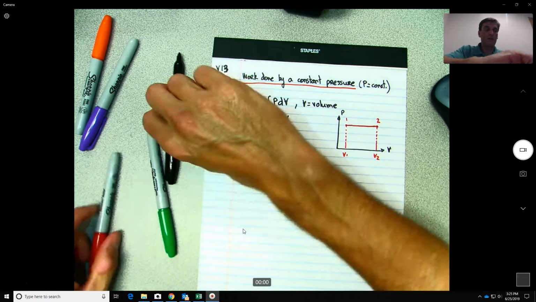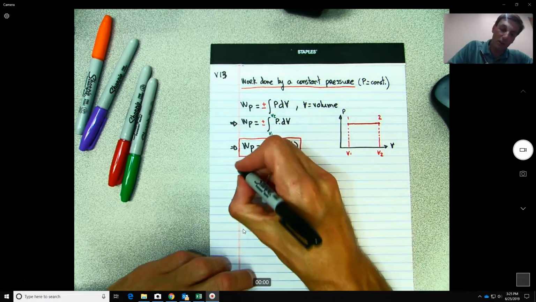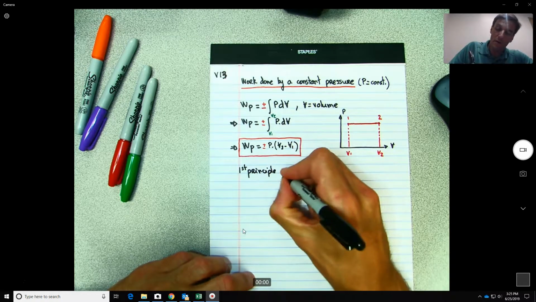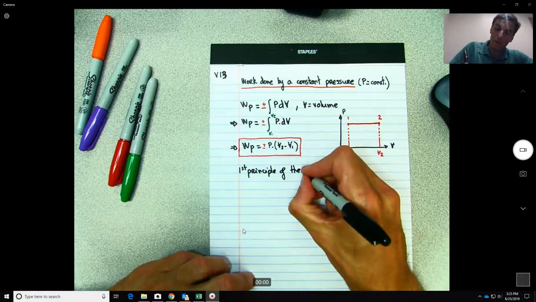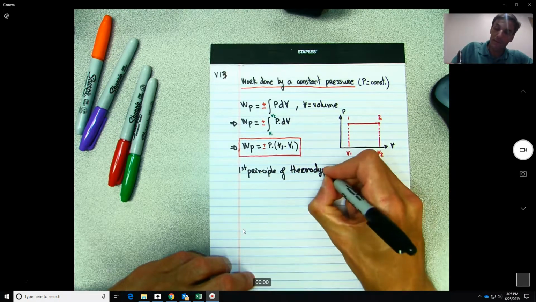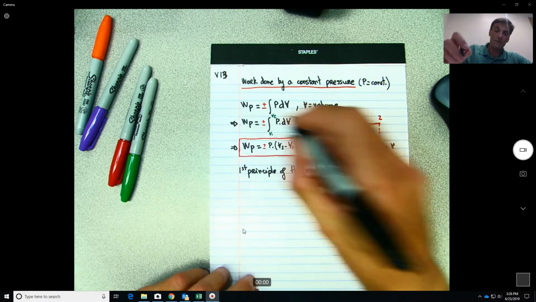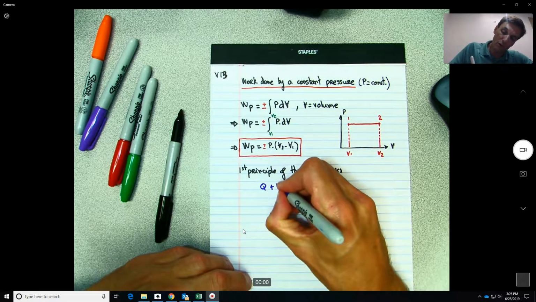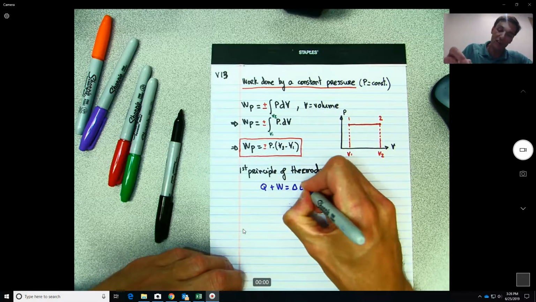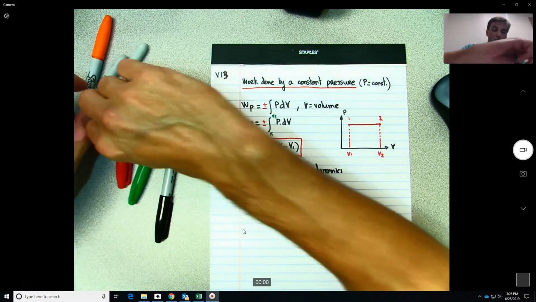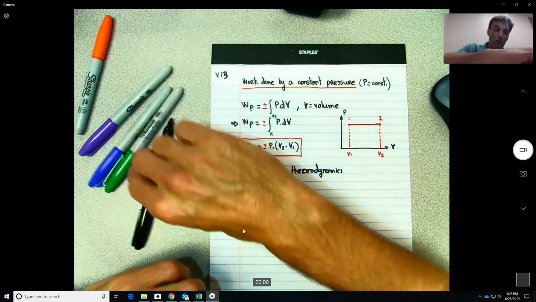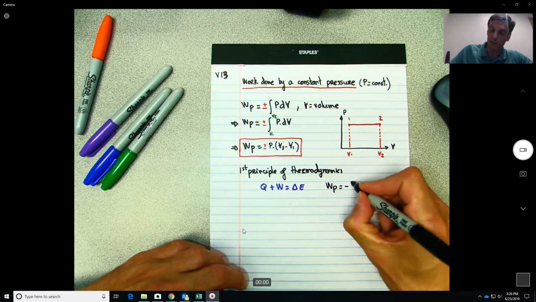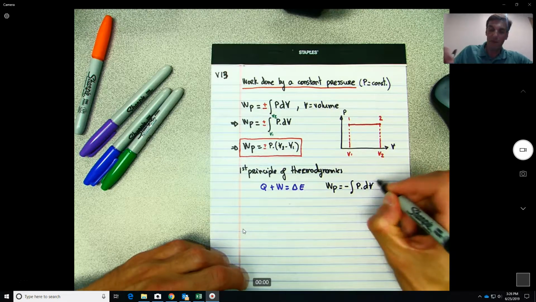So now remember, for the textbooks that use the convention for the first principle of thermodynamics, heat plus work equal change in energy, you will find that the work done by the pressure is equal to minus P dV.